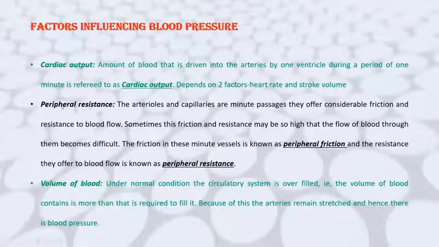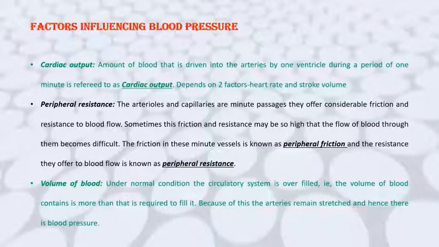Next factor is peripheral resistance. The arterioles and the capillaries are minute passages. They offer considerable friction and resistance to the blood flow. The aorta is a large blood vessel. It branches finely into arteries and arterioles and finally into the capillaries.